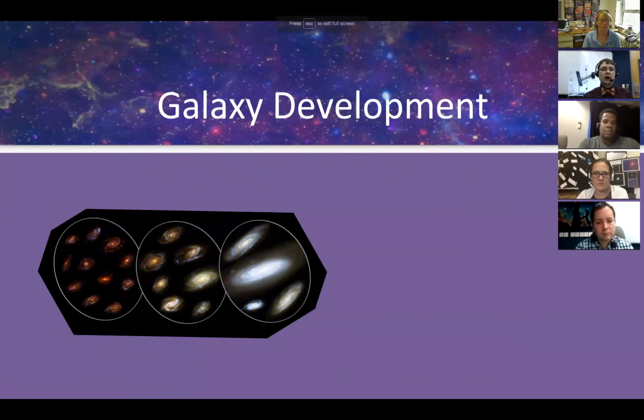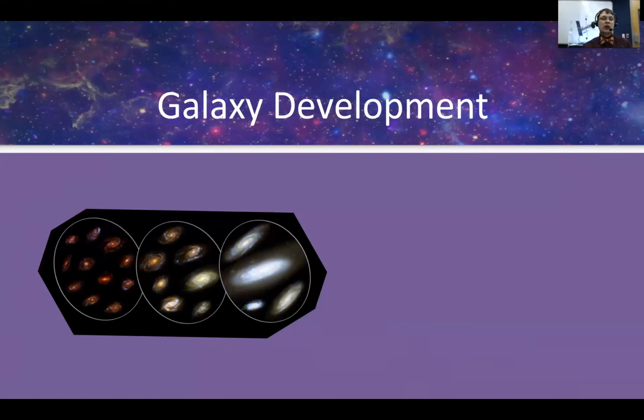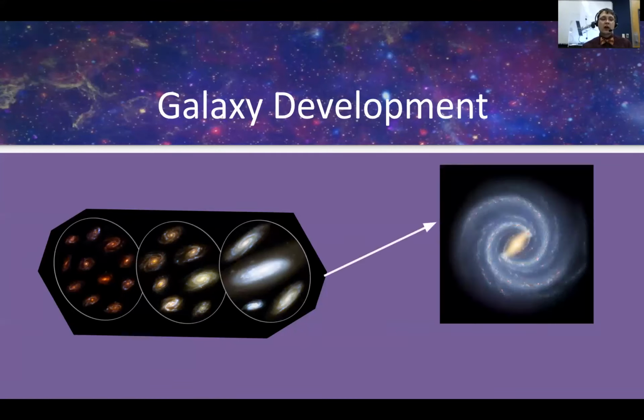You can see, let me move my pointer here so you guys can see, as you move to the right, they're getting a little more defined, until they develop into the sorts of spiral shapes that we know today.